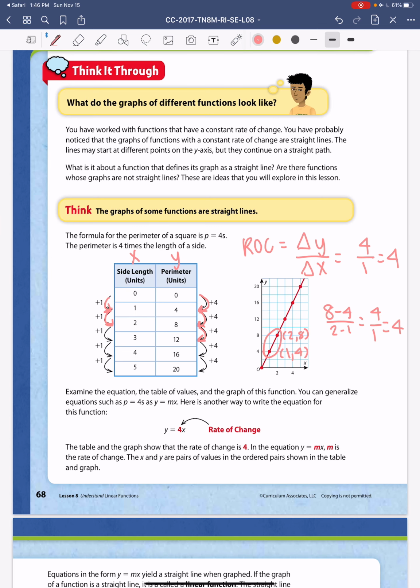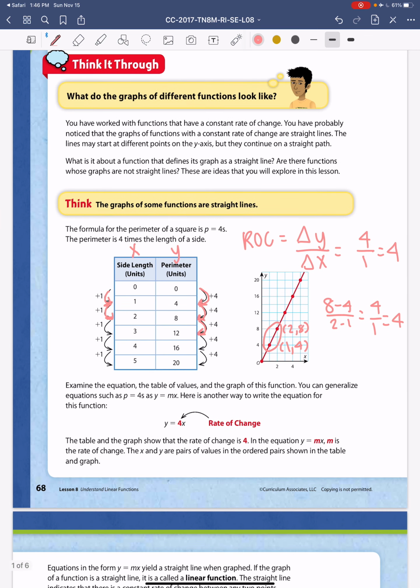All right. And then of course, looking at our equations is the easiest way to find your rate of change and initial value. Your rate of change, as they mentioned here, is 4, and you know that because it's your coefficient.